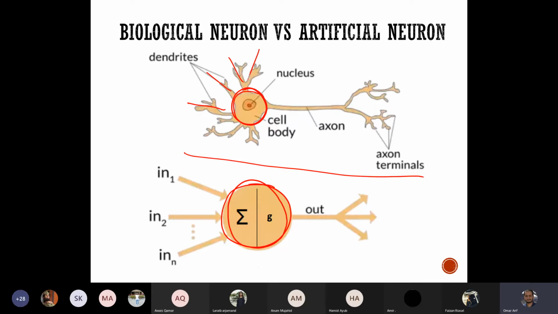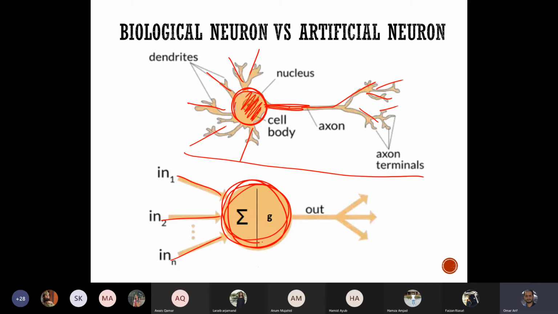Then you have many inputs coming to your neuron, just like here we have inputs coming into the neuron. Then the cell body performs some function, whatever that is, and it outputs some value. Either it fires or it does not fire, and whatever it outputs is then connected to other neurons. The same is here.